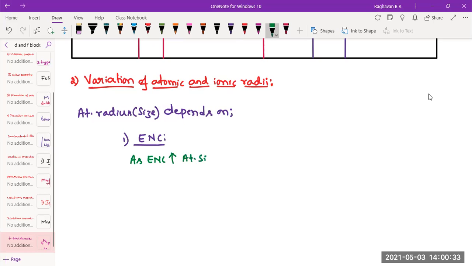Atomic size decreases because the nucleus possesses more positive charge due to more protons, or higher atomic number, so the influence of the nucleus on the outermost electron increases. The electrons are pulled towards the nucleus, and atomic size decreases. The other one is the shielding effect.